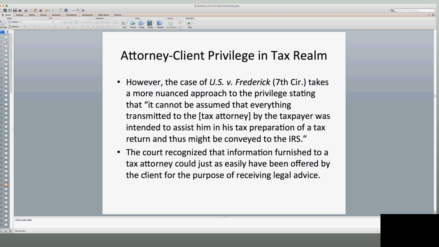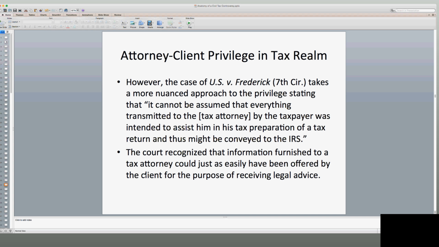And I want to back up a little bit. When the courts use this slogan phrase, "assist in preparation of a tax return," it's inferred that any information on a tax return is going to be public knowledge because it's going to be shared with the IRS. And that's the rationale the courts are using for gutting the attorney-client privilege.